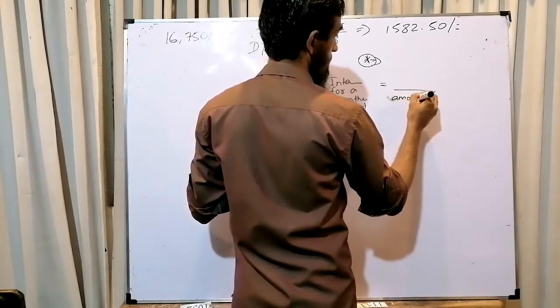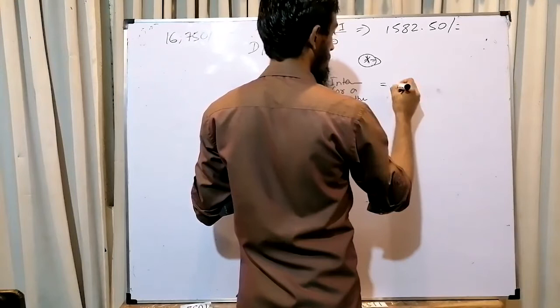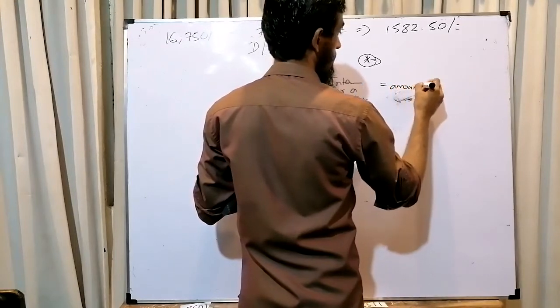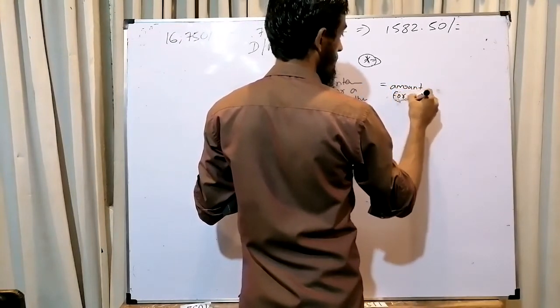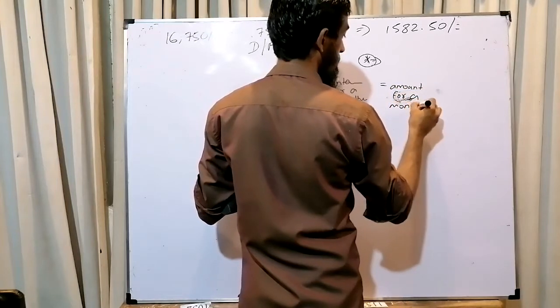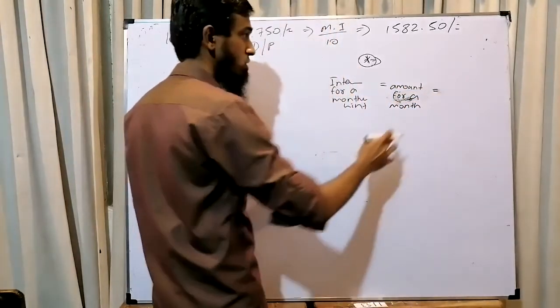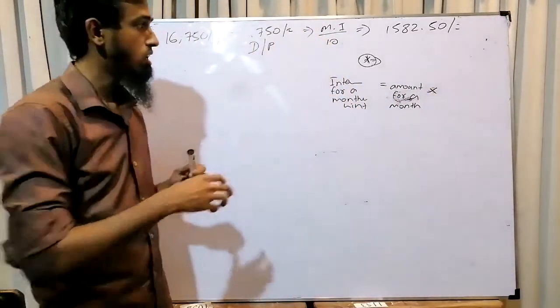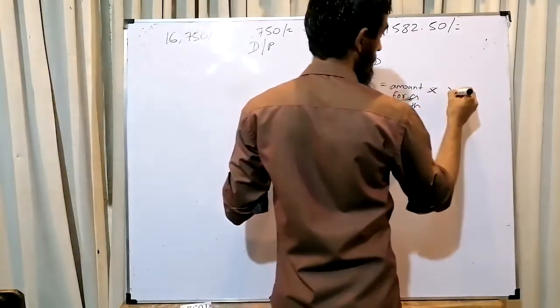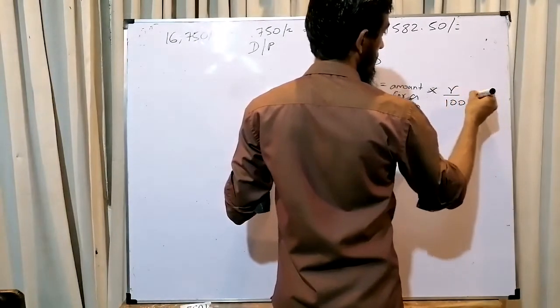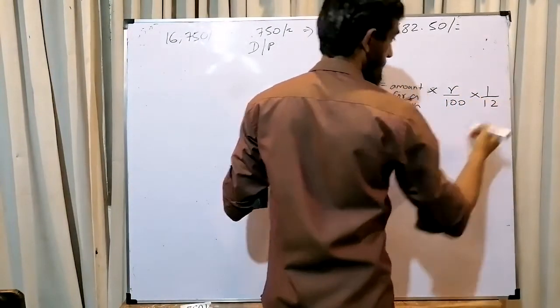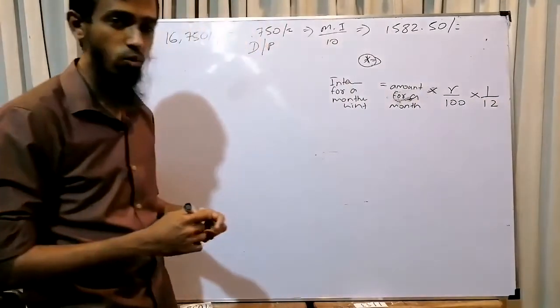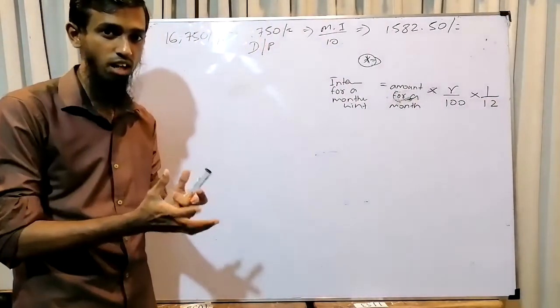We need the amount for a month. In the previous question, the amount is 50,000. Amount for a month multiplied by the interest rate, divided by 12, because the rate is always given as an annual rate, per annum.